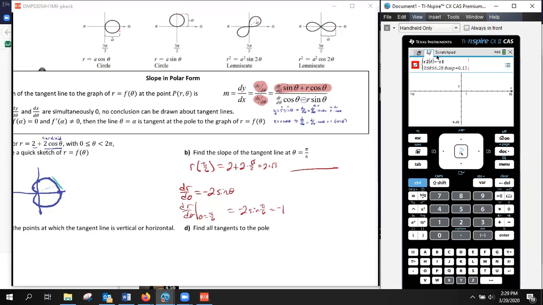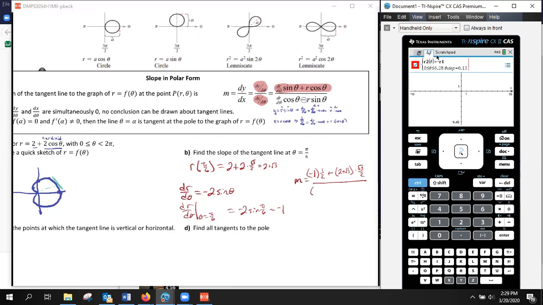And now let me go ahead and rewrite this. Our slope is going to be dr d theta, which is -1, times the sine of theta. The sine of pi/6 is 1/2. Plus the radius, which is 2 plus the square root of 3, times the cosine of pi/6, and the cosine of pi/6 is the square root of 3/2.